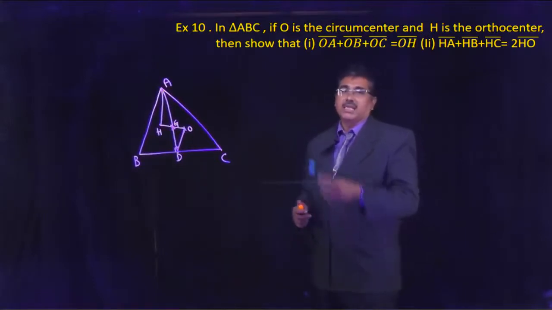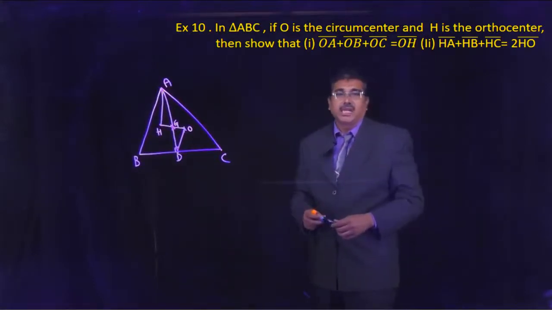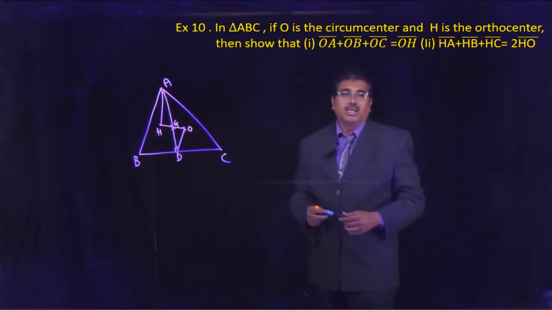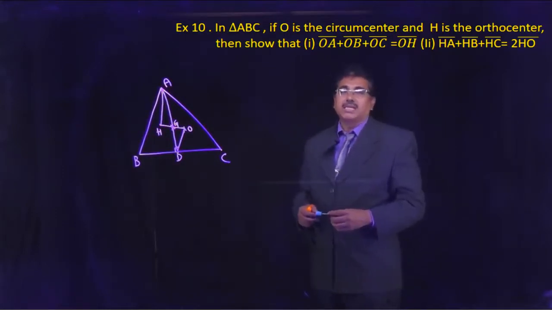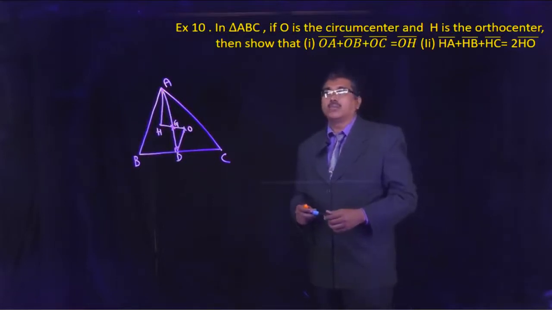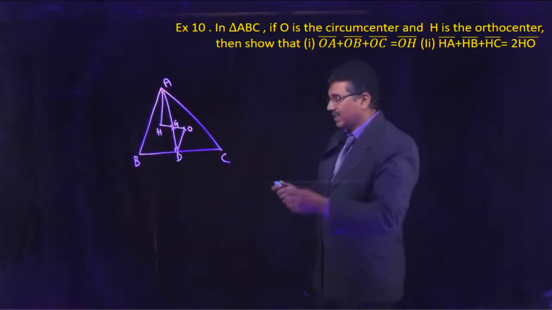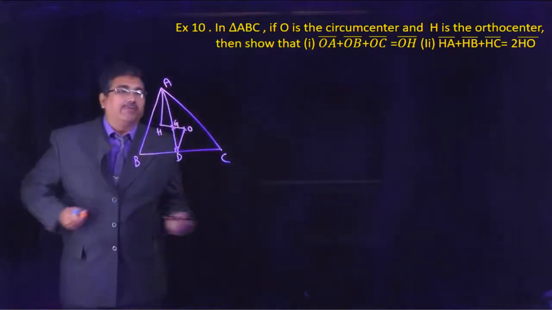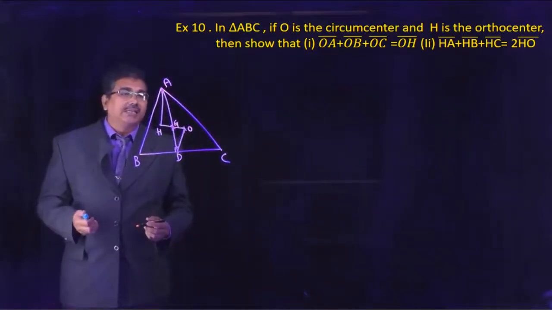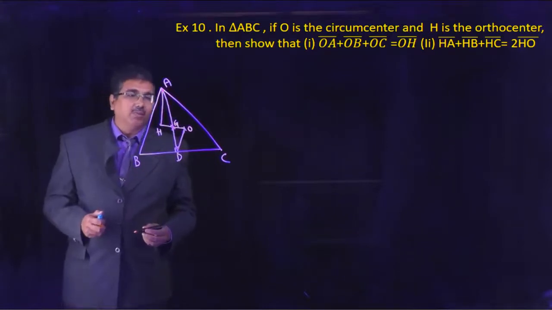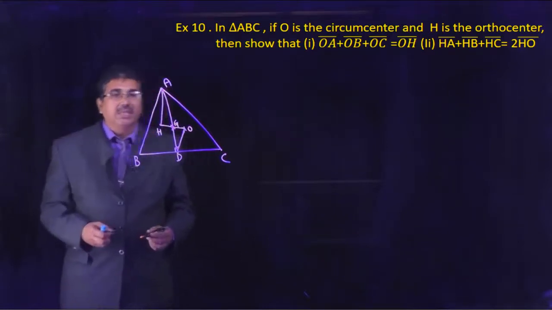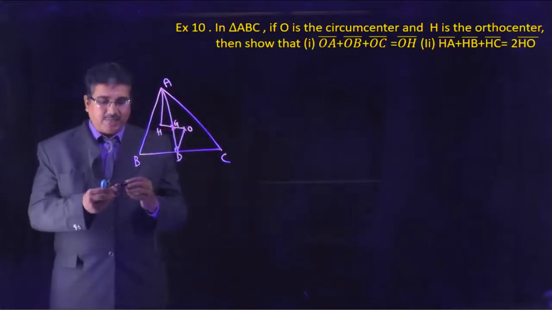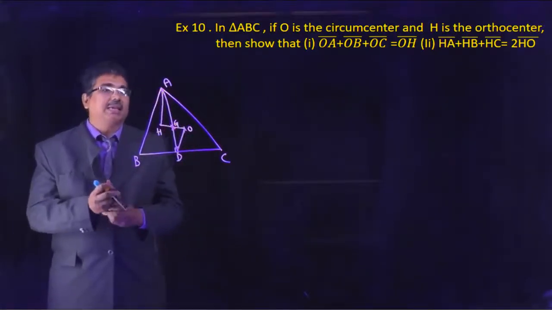This is the given data. Then show that OA bar plus OB bar plus OC bar is equal to OH bar. See the figure. From the figure, observe triangle AHG and triangle GOD. These two angles are the same.